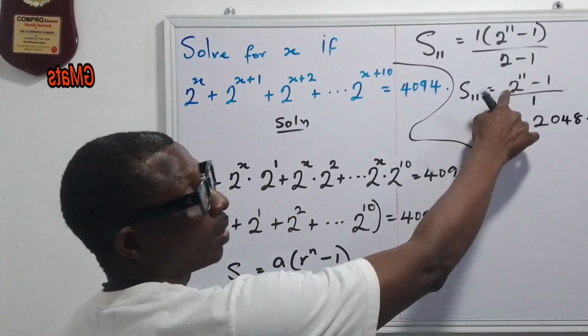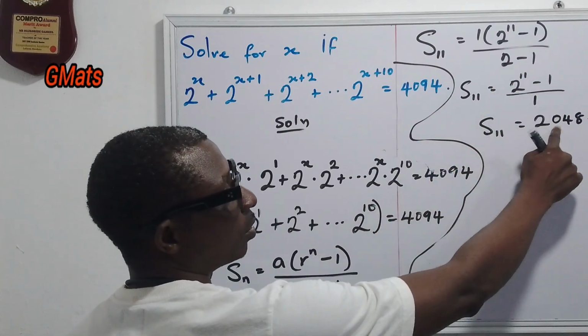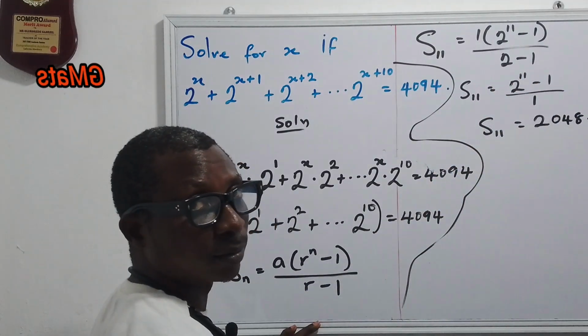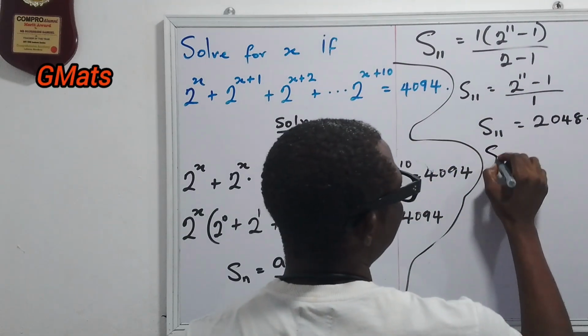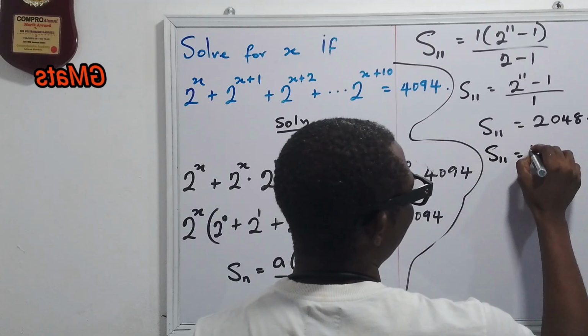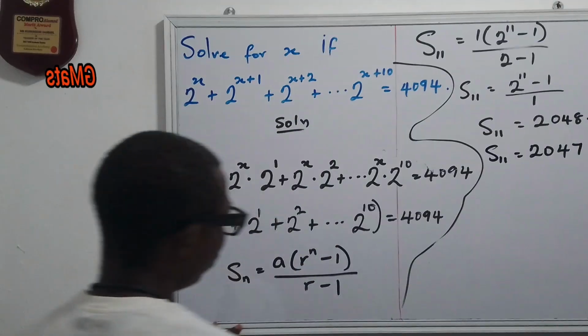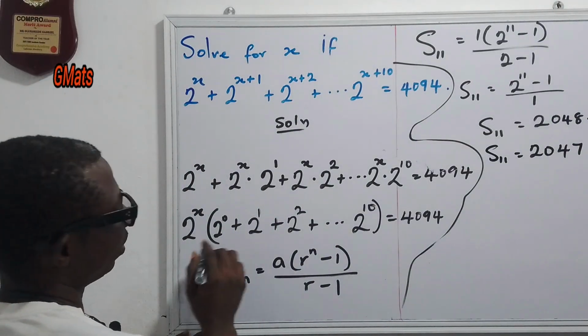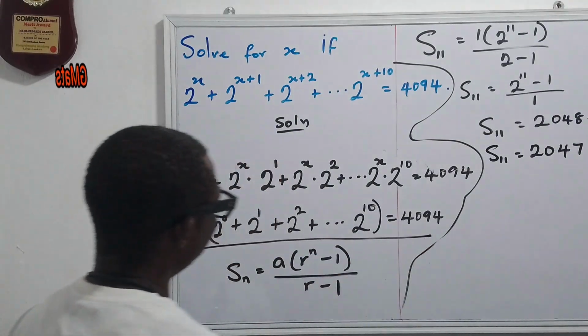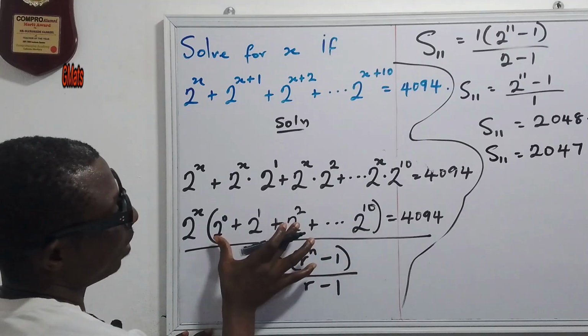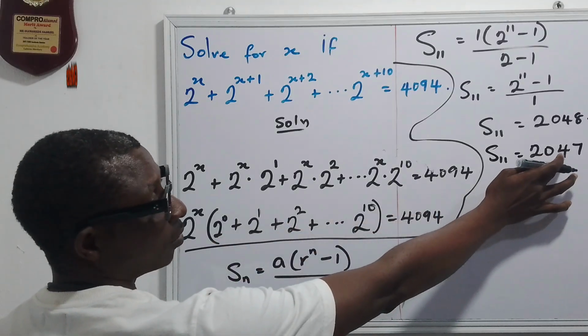Now 2 raised to the power of 11 is 2048, minus 1. All right, so we have S11 equals 2047. Okay, so now let us come here. So that means everything we have here is the same thing as 2047.